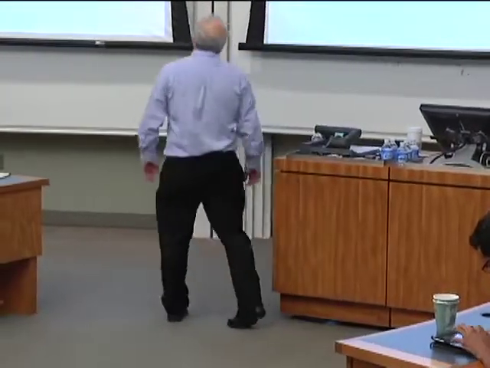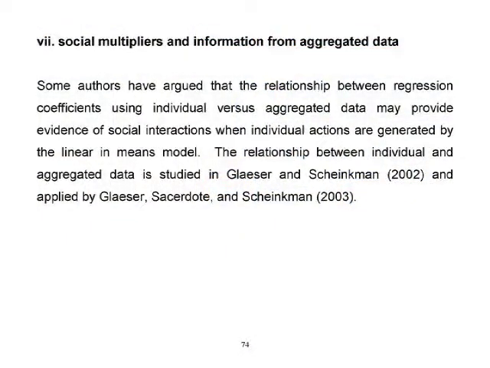I do want to make a couple of comments about a literature that has argued that you can use contrast between individual and aggregated data to uncover social interactions. This is the so-called social multiplier literature. Roughly speaking, the idea is the following: you compare two regressions.